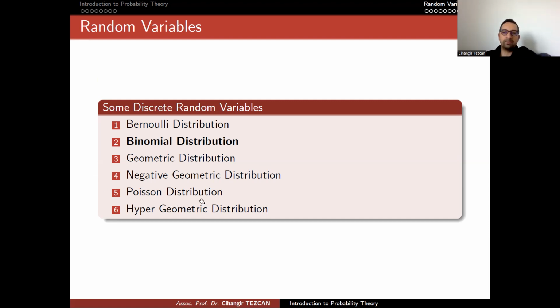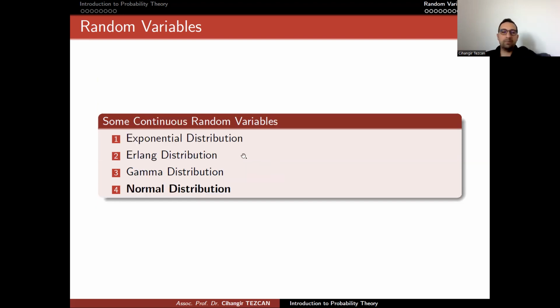You might also need it in some cryptanalysis results, but this is the thing we need, and this is where we stop. For continuous random variables, there are many, like exponential distribution, Erlang, gamma, normal distribution. I haven't explained any of it because we don't want to go into that much detail in probability theory, but normal distribution is very useful to explain a lot of events.